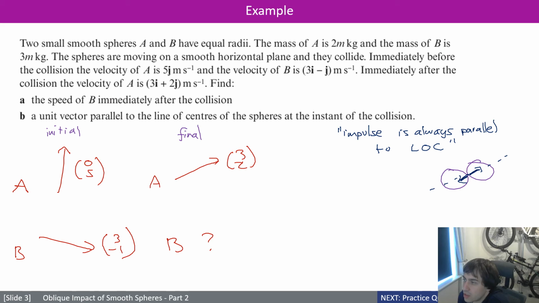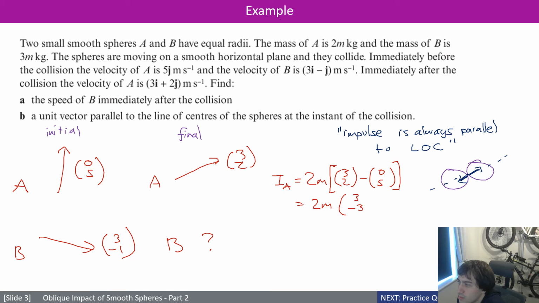So the change in momentum or impulse for A is going to be its mass of 2m times final velocity minus initial velocity. Okay, and what that gives us is 2m times 3 minus 3.